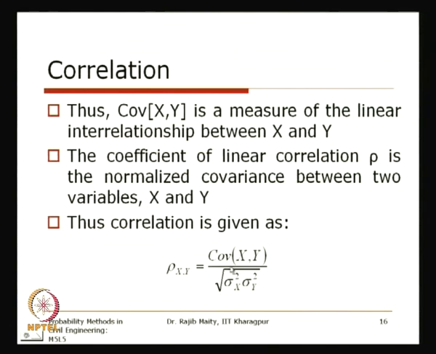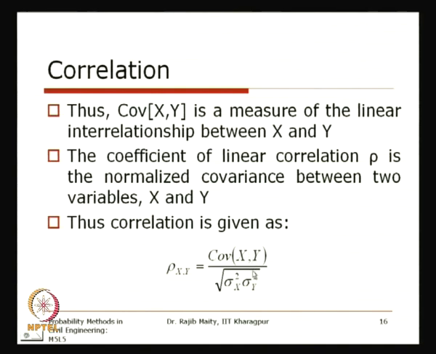Now, why we use this as the normalizing constant is that the covariance of x and y has a maximum upper limit equal to the product of the square roots of their variances. This is also shown in terms of an inequality theorem.